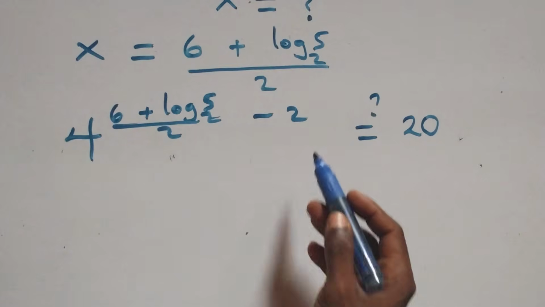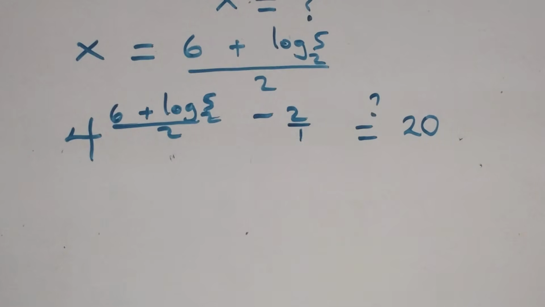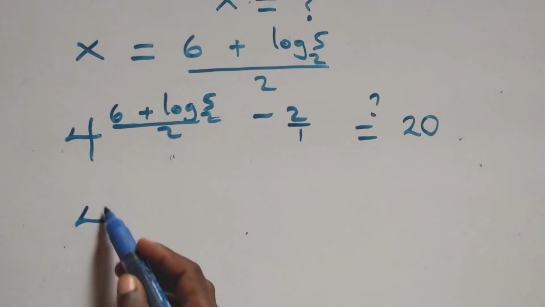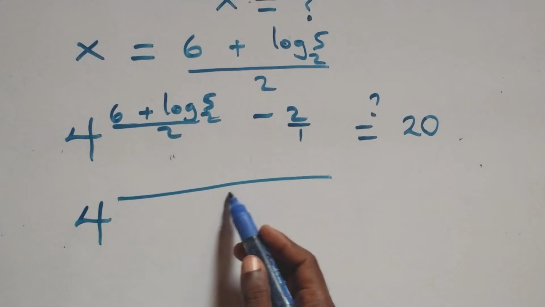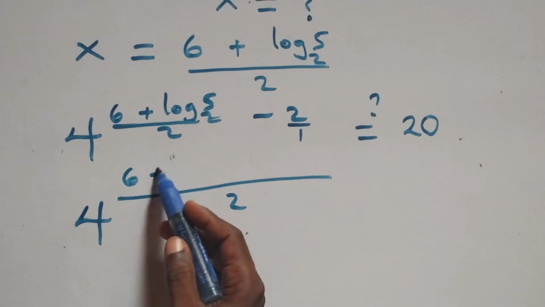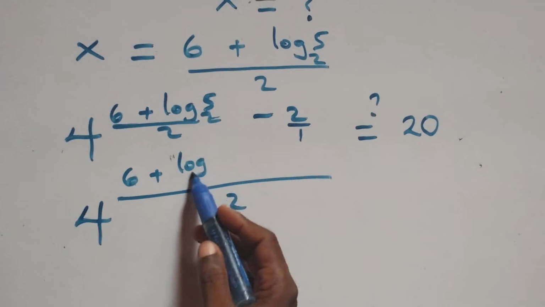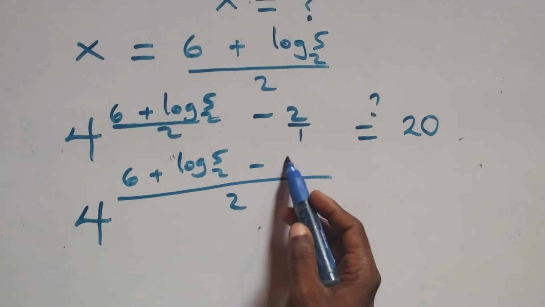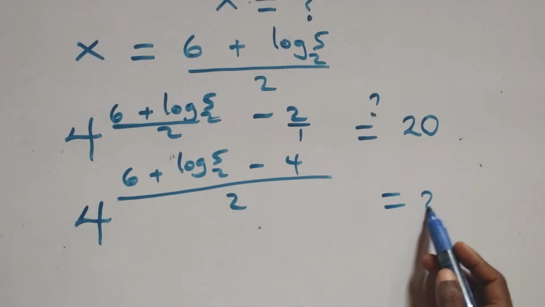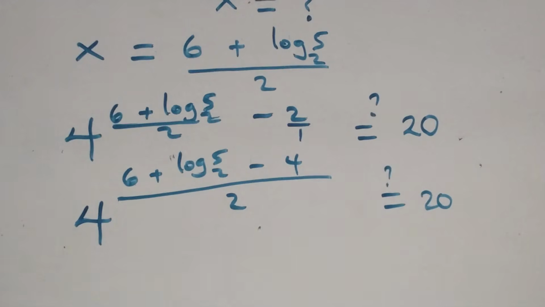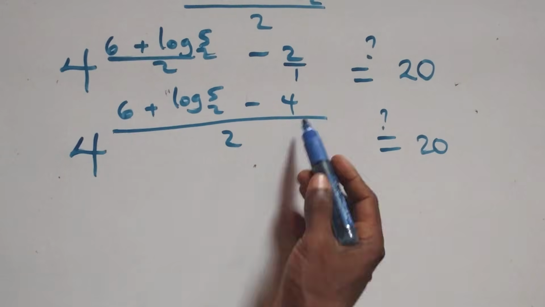And here, this power is 2 over 1. We can bring it together as one fraction. We have 4 raised to power LCM up here, that's 2. Here we still have 6 plus log 5 base 2, then minus 4 here. Is it equal to 20 on this side? Here, 6 minus 4, that's 2.